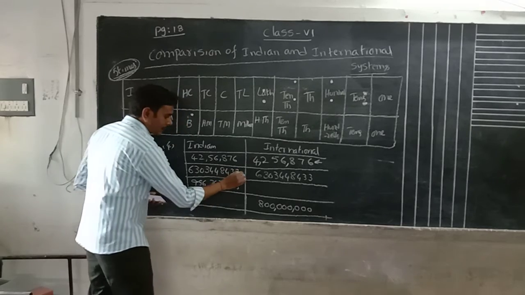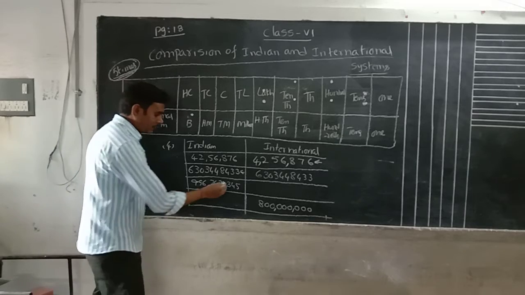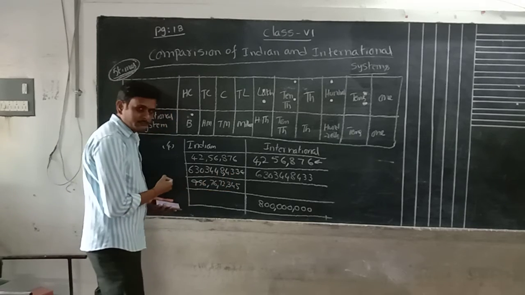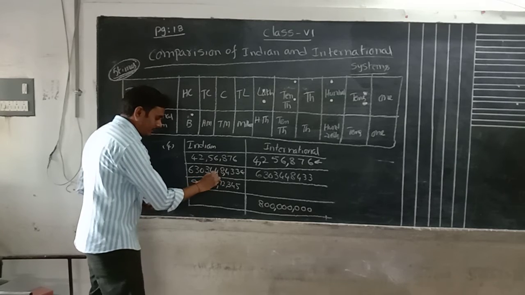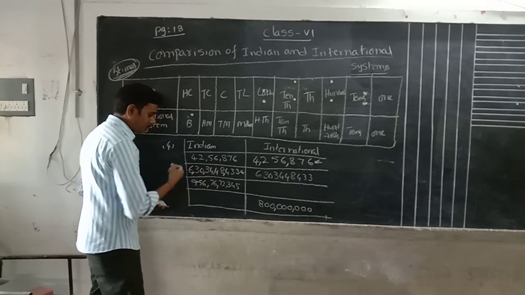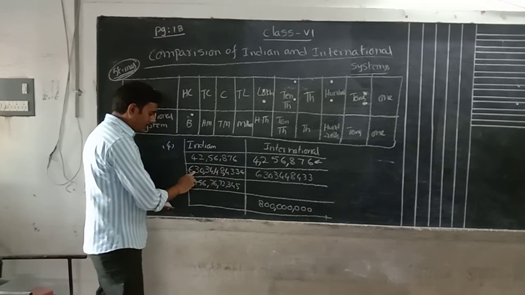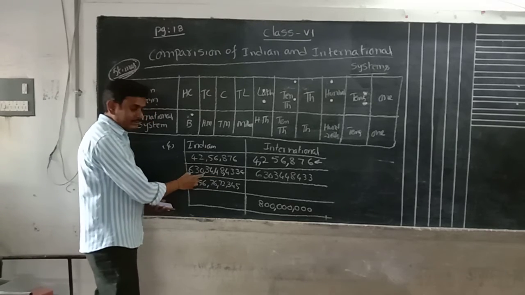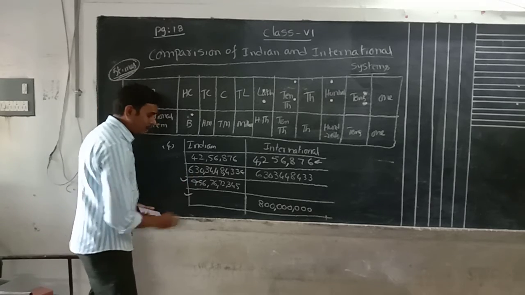We start from the right side. In the Indian system, the first comma is placed after 3 digits, 1, 2, 3, and after that every 2 digits we place a comma: 1, 2, comma. Like that. But where rupees is given, no need to place a comma; we take it as 100 rupees. Similarly, you have to complete these two sums.